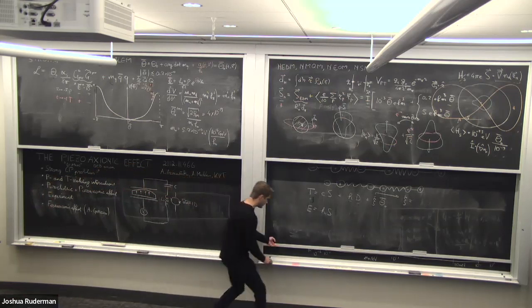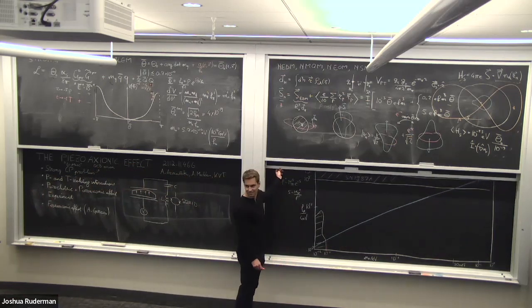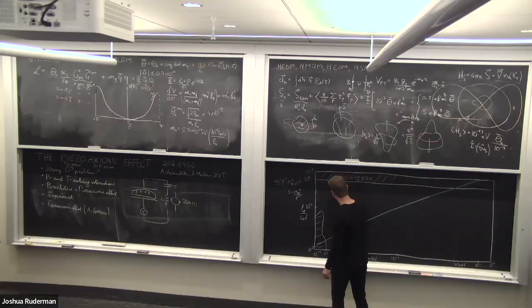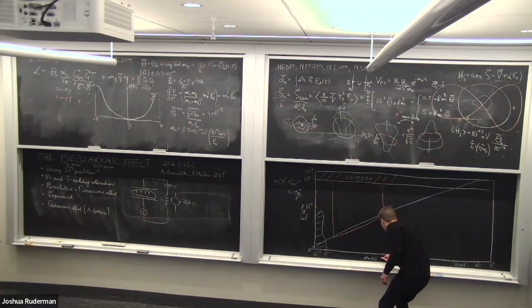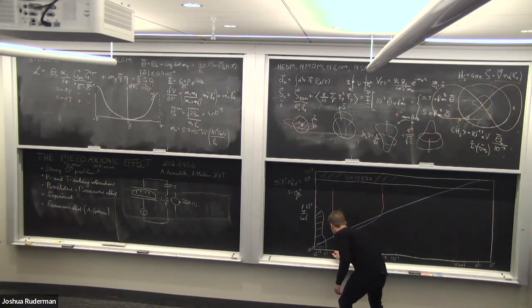The bottom line is that we think we can build a sensor that covers the QCD axion range between 10 to the minus 7 and 3 times 10 to the minus 11 electron volts.